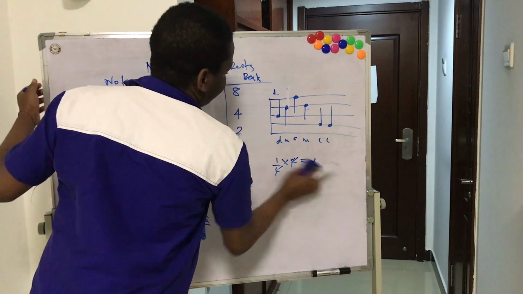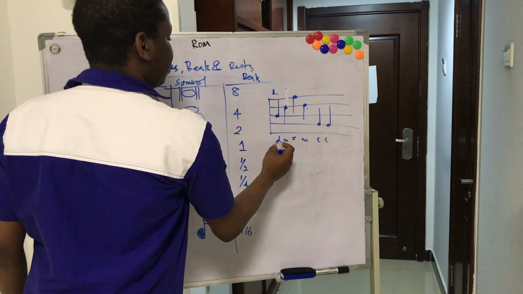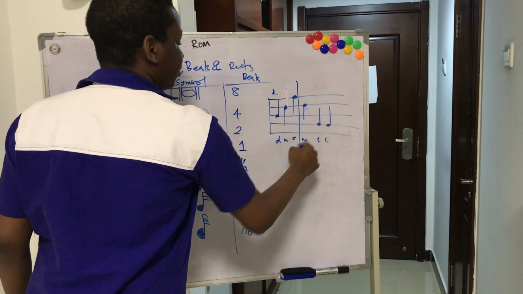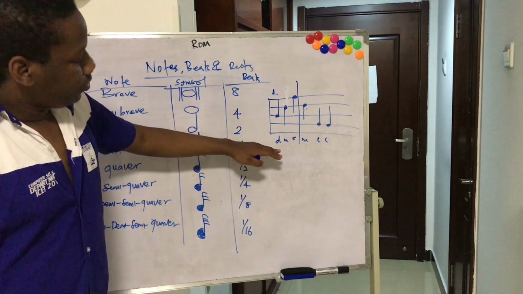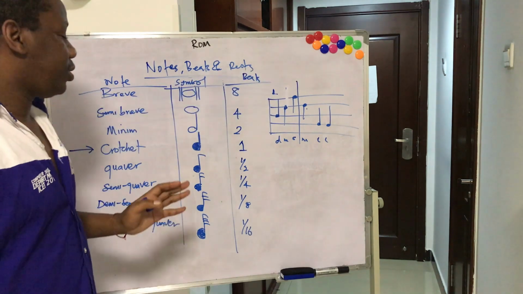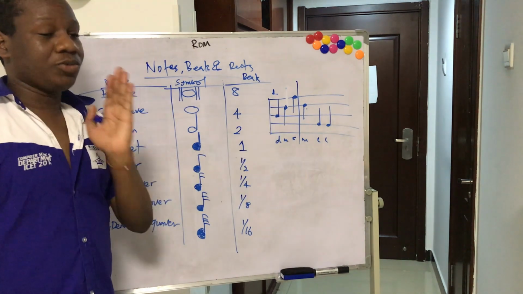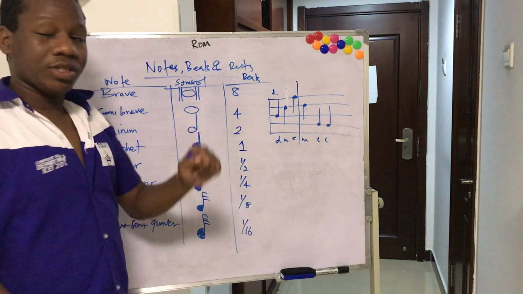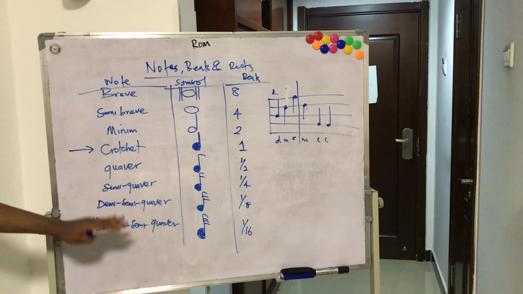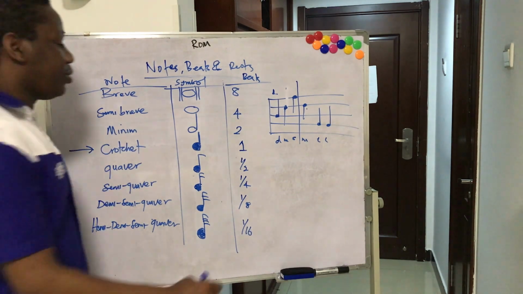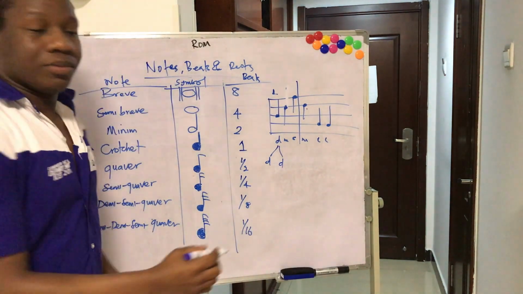So take this one for example. Let me split this part; let's use this part alone. These 3 notes are do, mi, so, that's 1, 1, 1, because they are crotchet notes. Now I want to divide them into quavers. So this one I'll have do, do, because there are 2.